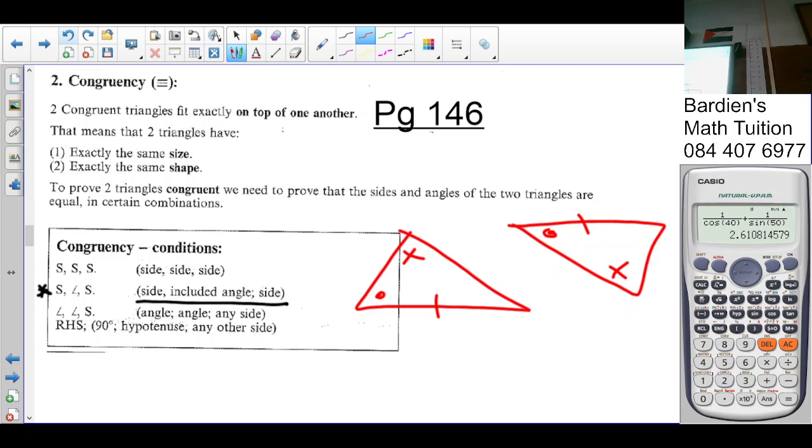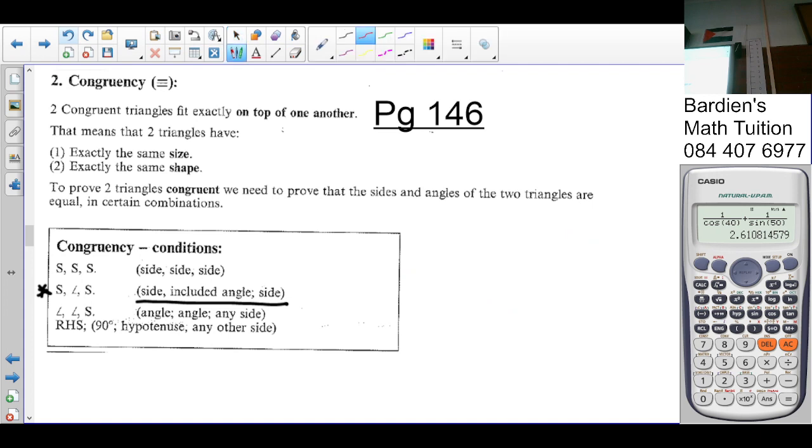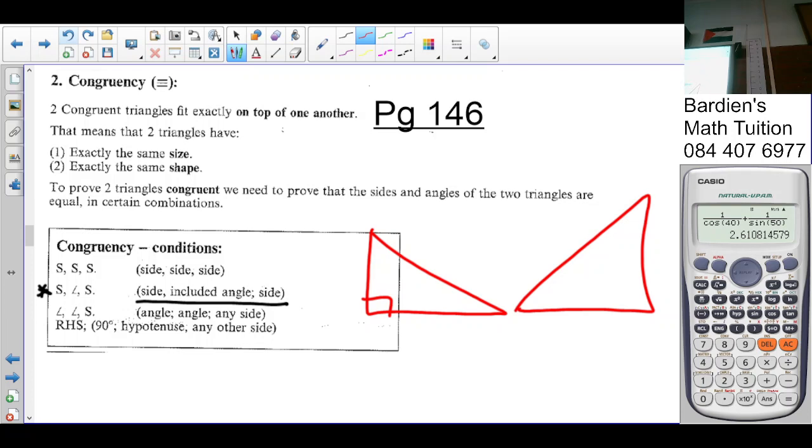So we've got two angles and a side. Okay? Angle, angle, side, and any side. And RHS, the R stands for right angle, the 90 degrees. You've got 90 degrees, 90 degrees. So here you've got 90 degrees. And the H is what?